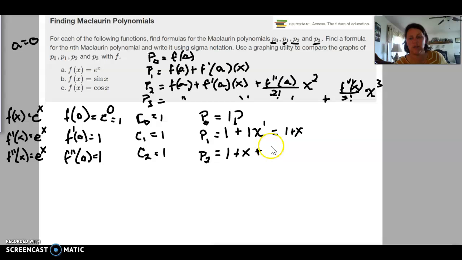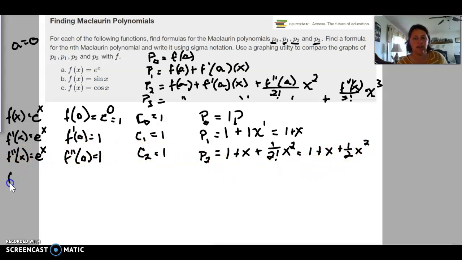This time we have to do the over 2 factorial. Now you could think of the previous one as being over 1 factorial, but that's just 1, so that doesn't change anything. And the first one is also over 0 factorial, which is just 1. So we don't worry about the factorials on the first 2 terms. So 1 over 2 factorial times x squared, which then simplifies to 1 plus x plus 1/2 x squared.